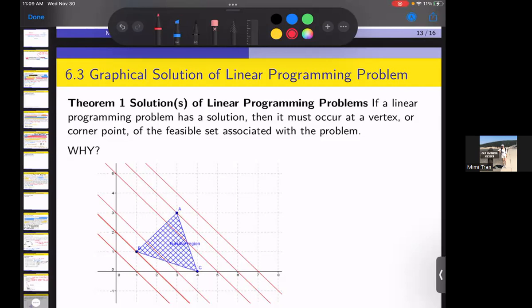As you increase your p-value, the line is going further and further from the origin. Means what? The furthest line gives you the maximum value, maximum profit. So long story short, the line that furthest away from the origin is going to give you the maximum. The line that closest to the origin will give you the minimum.